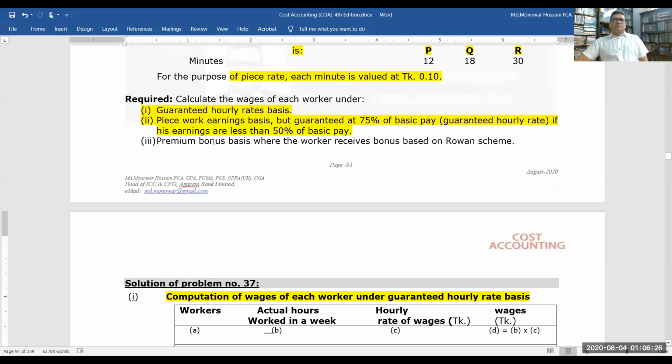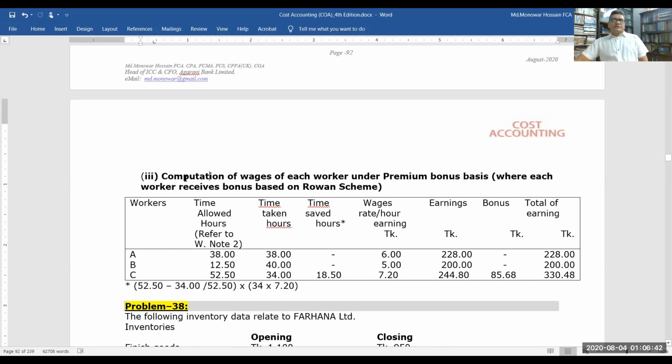Now number 3, premium bonus basis, where the worker receives bonus based on the Rowan scheme. Okay, so this is number 3. Here we compute the wages of each worker under a premium basis, in which each worker receives bonus based on the Rowan scheme.